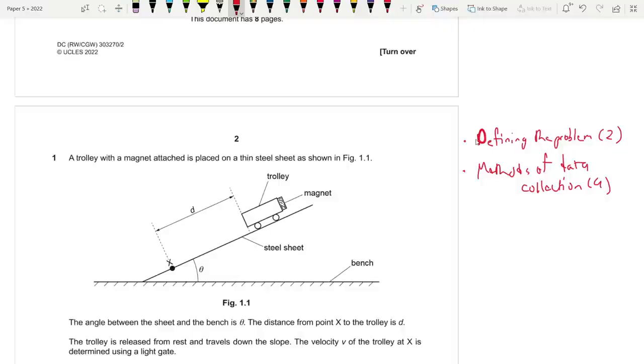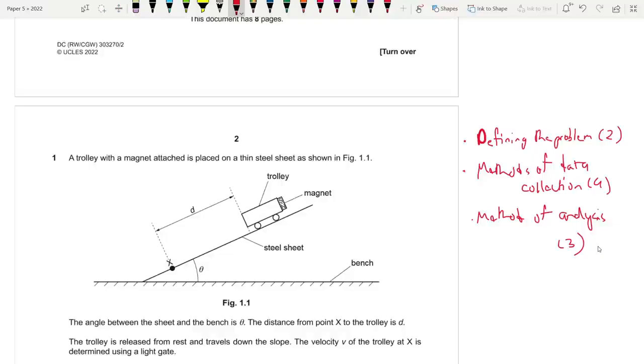So what about the other marks? We got 6 from here. There are 3 marks for the method of analysis. This is mainly how you're going to confirm the relationship.